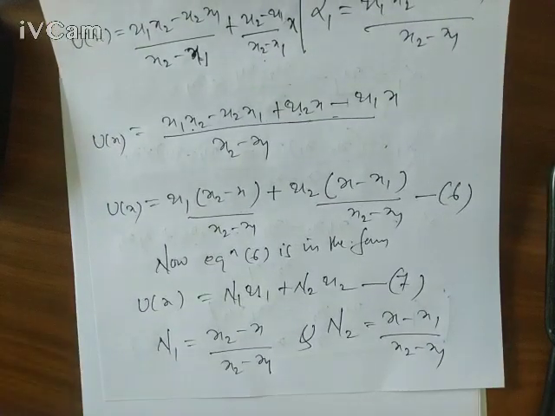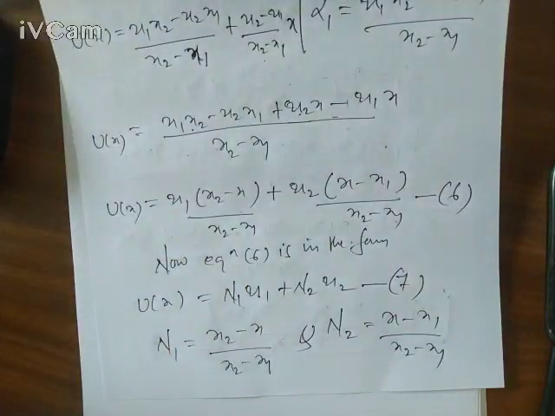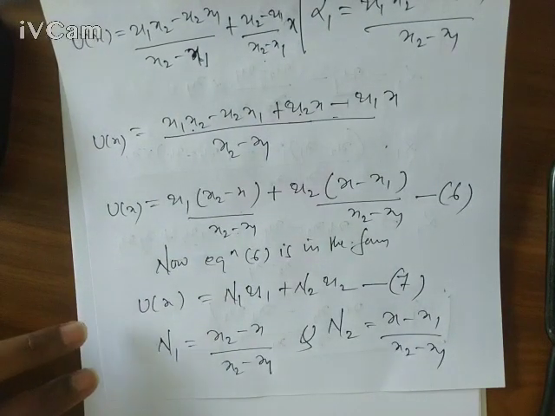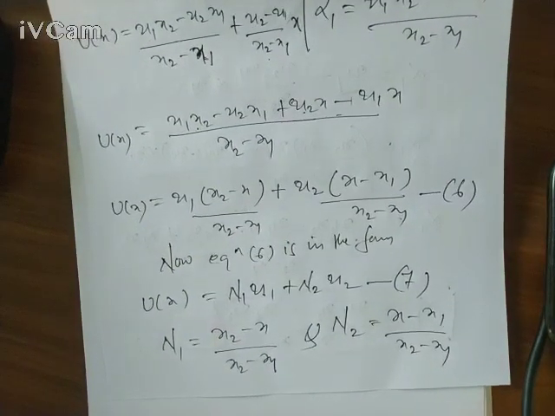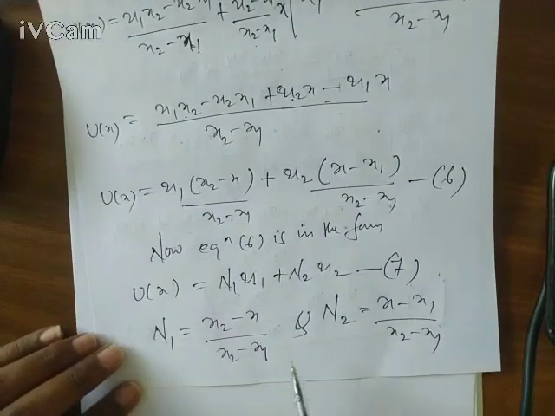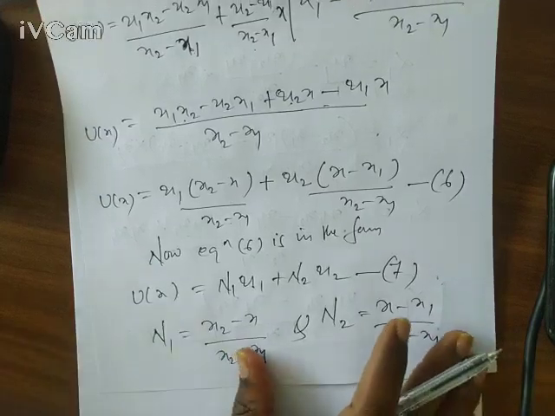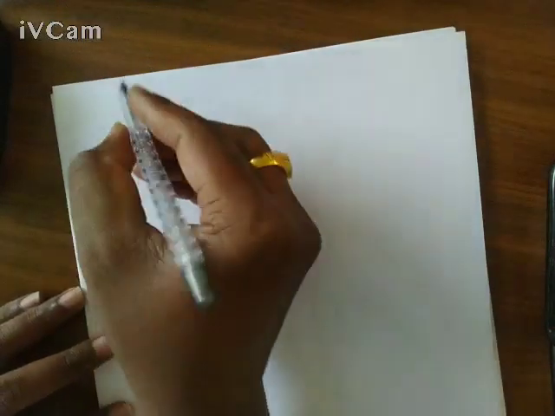So now we have found the shape function of the 1D bar element. Now I have to write down the variation of shape functions.